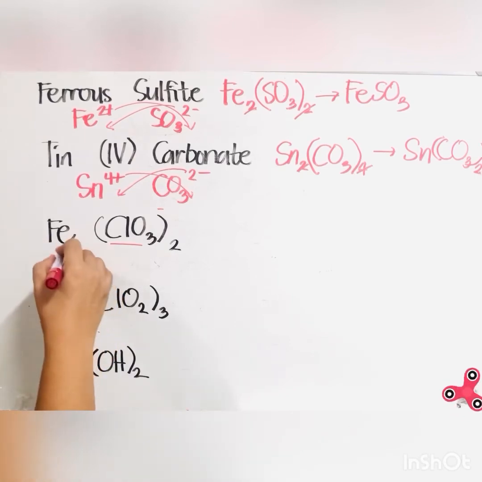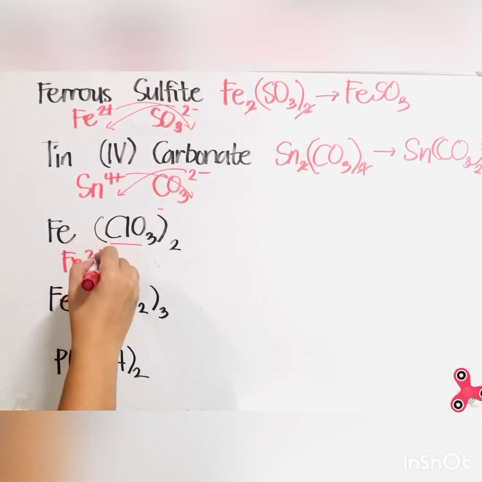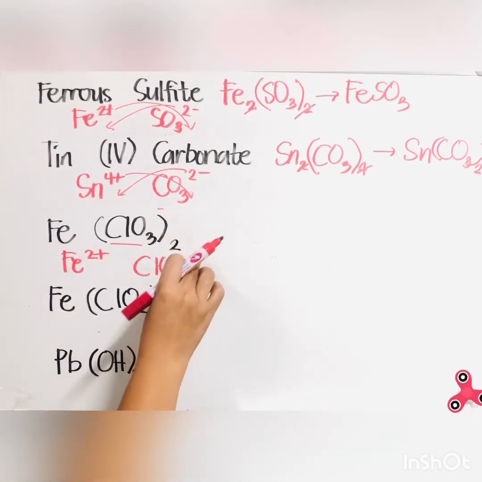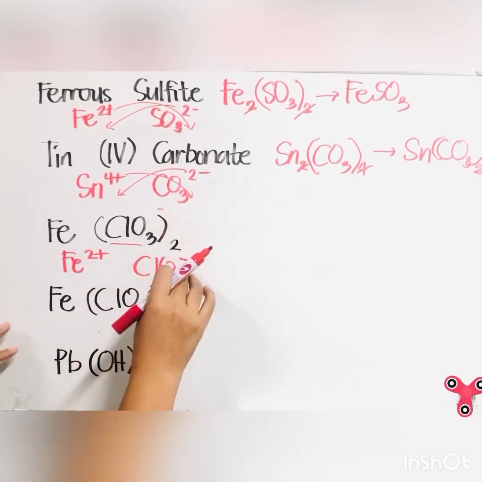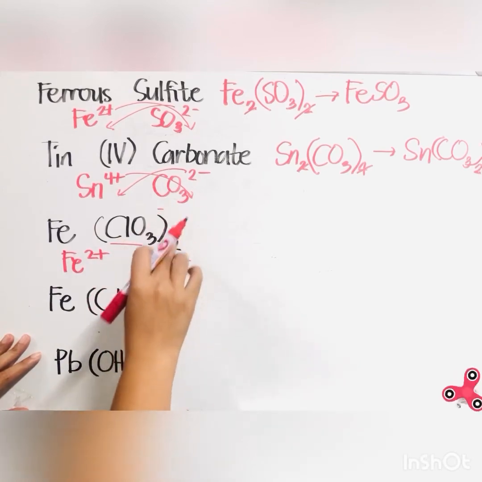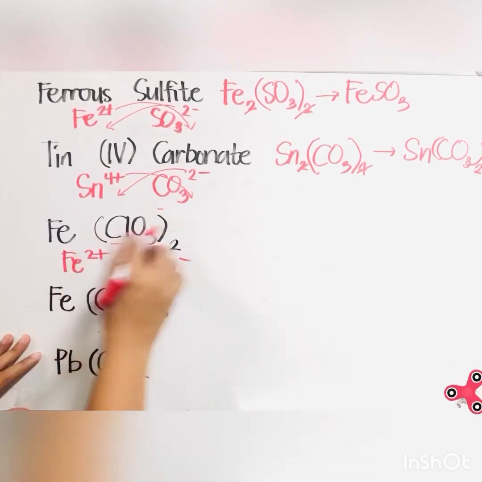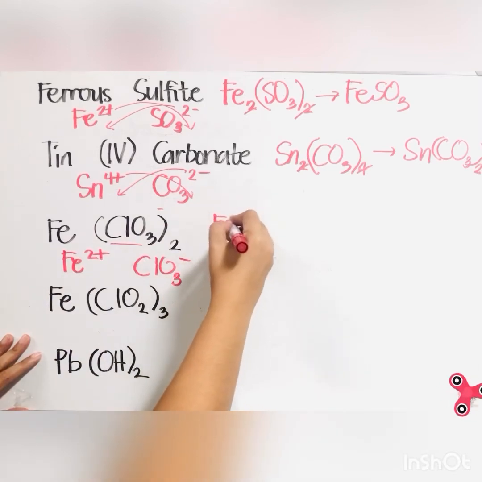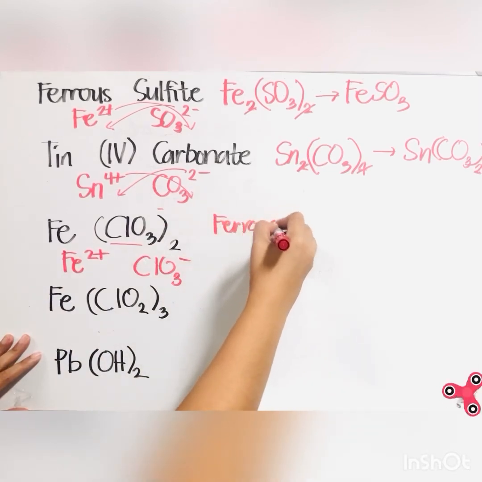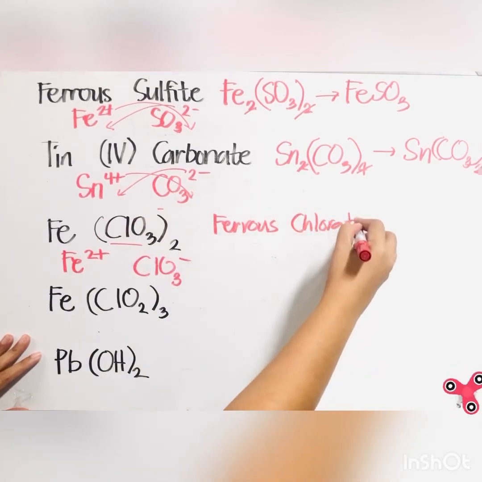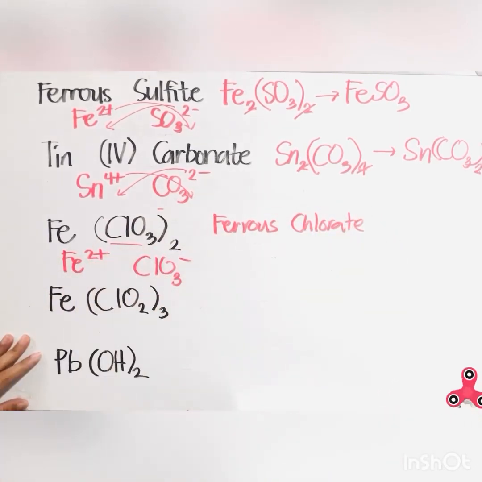So your Fe is 2 plus, knowing that you have ClO3 as -1, or the charge of your chlorate is 1 negative. So the charge that you have used for this cation is 2 plus. So name it using the classical system. You can write ferrous. This is chlorate. So ferrous chlorate. How about you name it using the stock system?